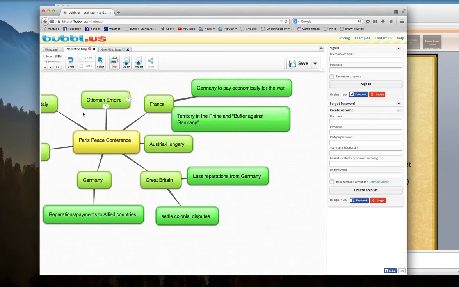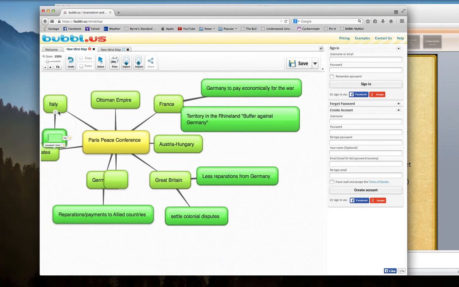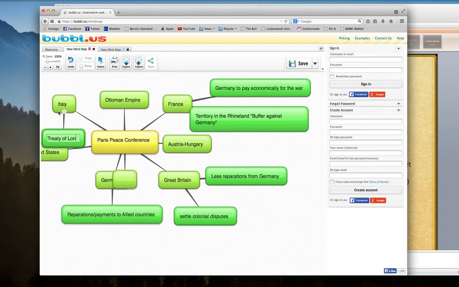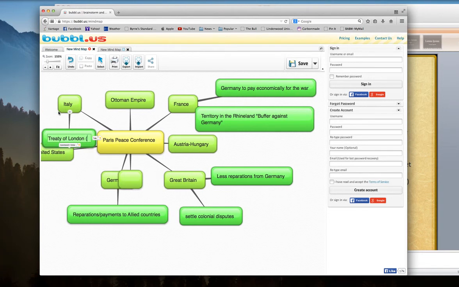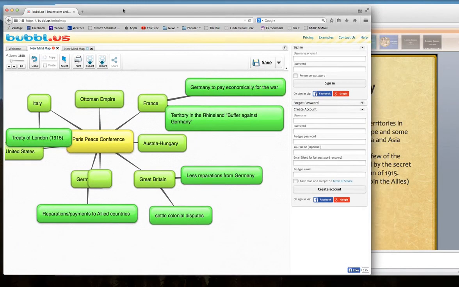So what we'll do is go to Italy, and we'll undo that one. And we'll put Treaty of London, 1915. And we'll move this.